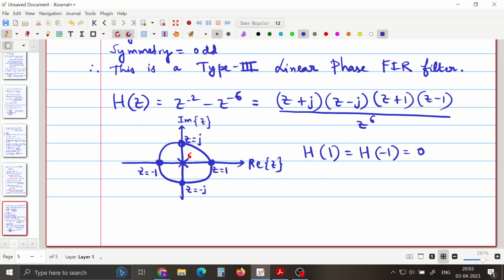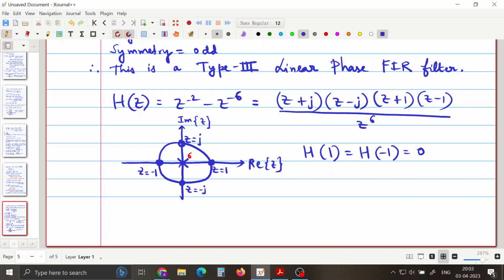And this is why type 3 filter can't be used to design either a low pass filter or a high pass filter, because for a low pass filter we want at omega equals 0, which is z equals 1, the frequency response to be equal to 1. But we have a 0 at z equals 1, which corresponds to omega equals 0. So the frequency response for type 3 goes to 0.